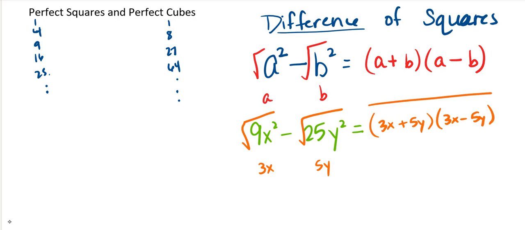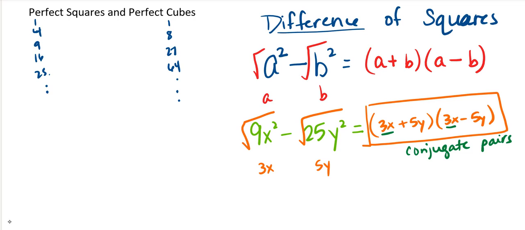And that would be the factors. If I multiplied those back together by FOIL or box method, then I would get 9x squared minus 25y squared. Just a note, because this will come up later on in math, these are also called conjugate pairs, where you kept the same terms, 3x, 3x, 5y, 5y, but the signs are different.